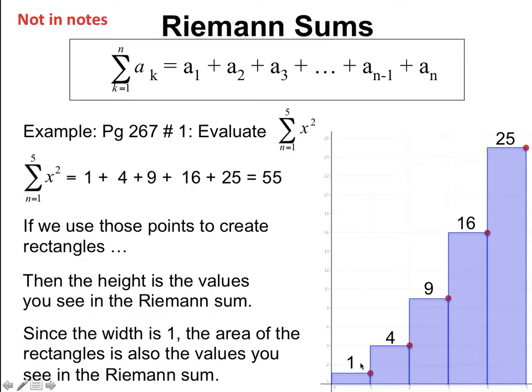So this area here is 1, this area is 4, this area is 9, this area is 16, and this area is 25. And so this Riemann sum happens to be a right rectangular approximation. That's why we call rectangular approximations Riemann sums, because they follow this summation pattern.